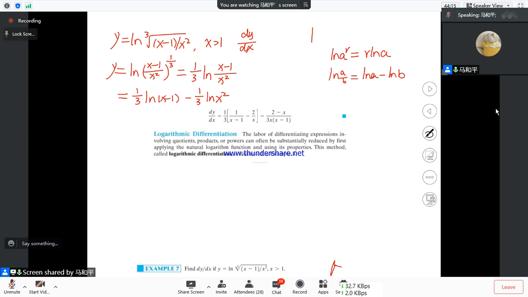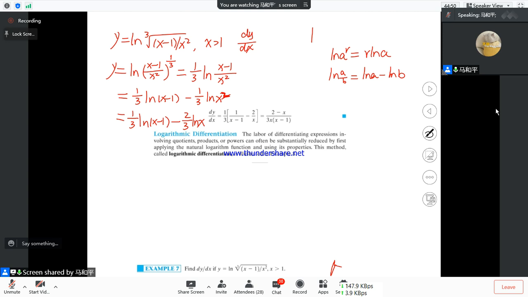And then using the first property on x squared, we can write 1 over 3 ln(x minus 1) minus, here this power is 2, so 2 over 3 ln x.